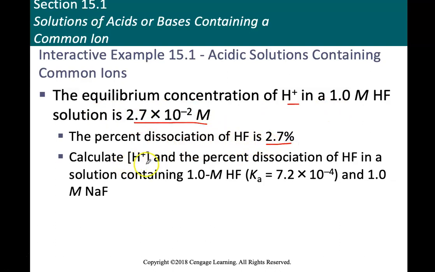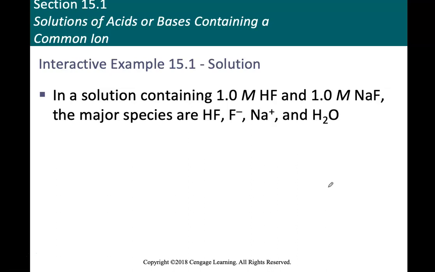Calculate the concentration of H plus and the percent dissociation of HF in the solution containing 1 molar HF. So we have the acid concentration given, and we are going to add this common ion source, which is the sodium fluoride salt. So let's do the calculation for this one.